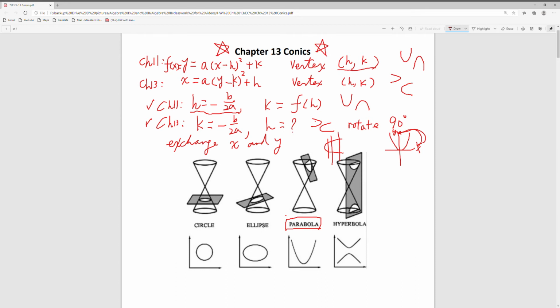What do conics mean? It looks like a cone, and you have an upside down cone all together.